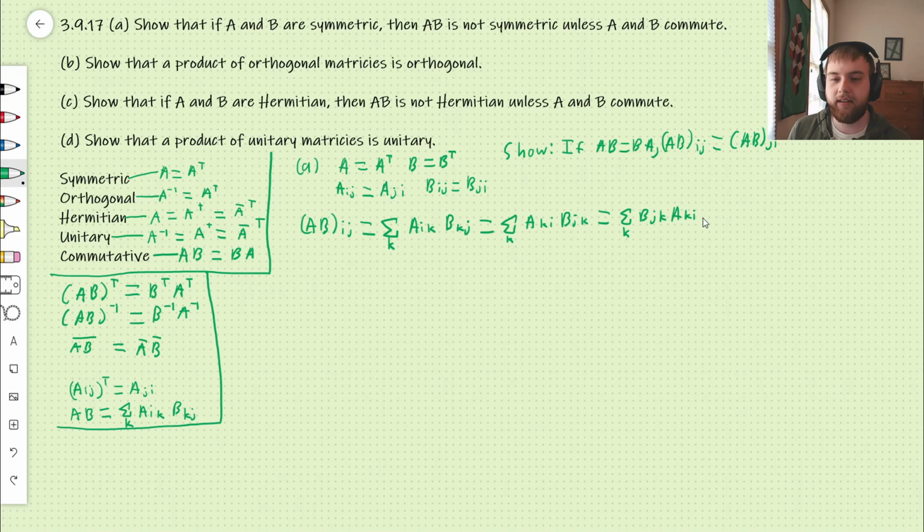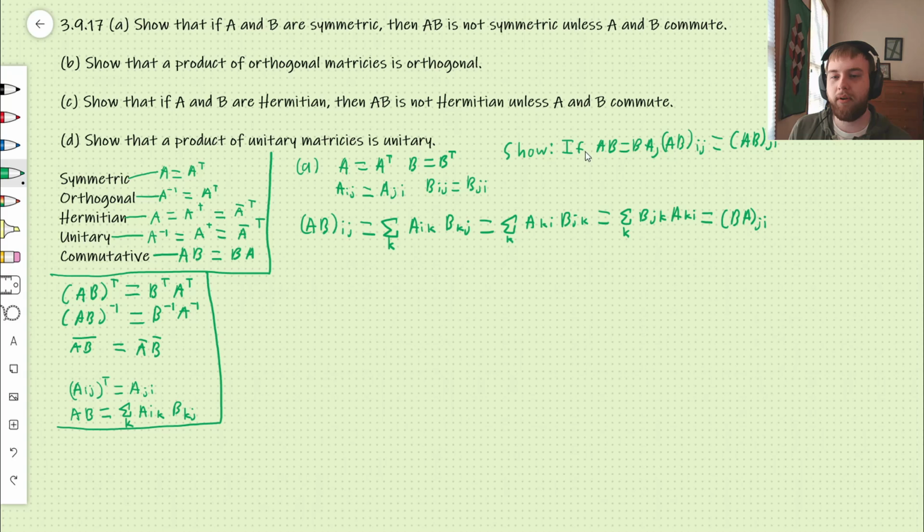So rewriting that, if we apply the definition again, what we have is BA, but what we have is the jith element.